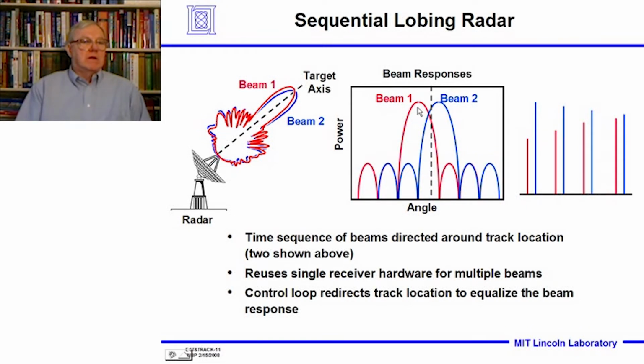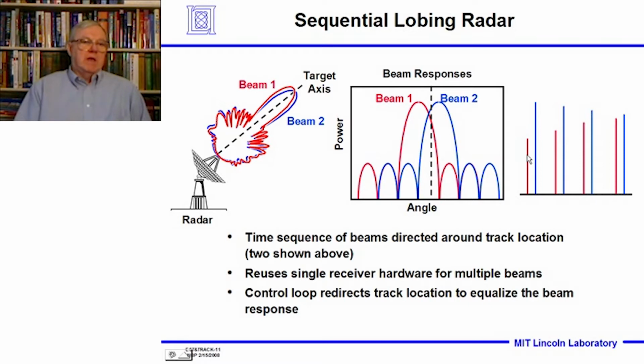Here's the target, and we have beam 1 and beam 2. What we do is we send out two beams, moving the antenna slightly to the left of where we believe the target is and slightly to the right. And we do this sequentially at two different times. We reuse the same receiver hardware to make these beams, so that you do them one after the other.